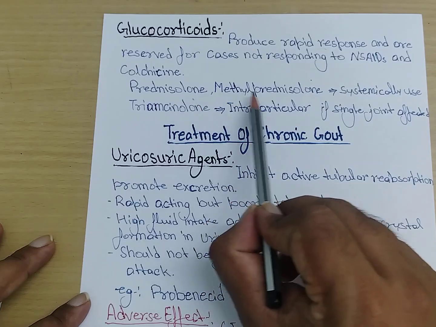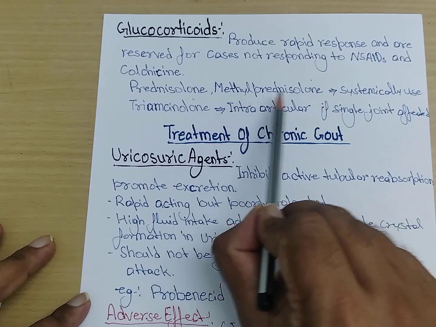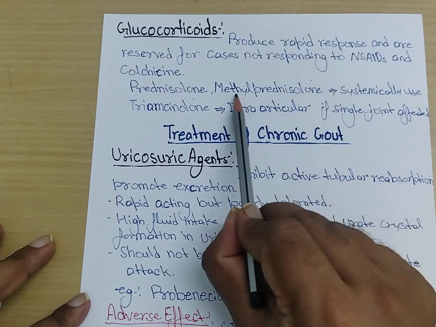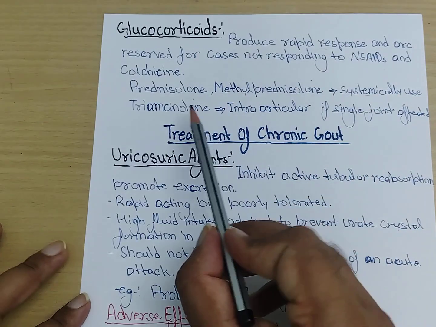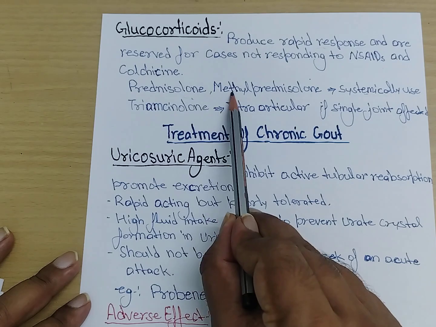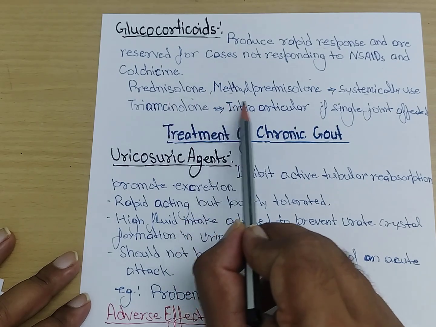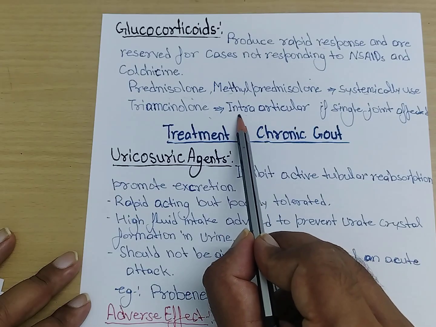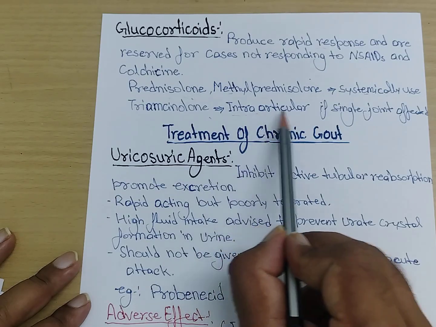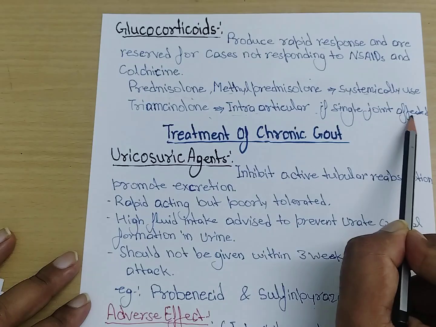Prednisolone and methylprednisolone are given systemically, like by IV route, and triamcinolone is given intra-articularly if a single joint is affected.